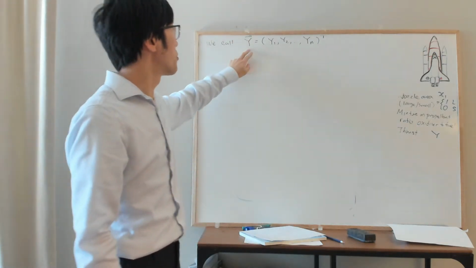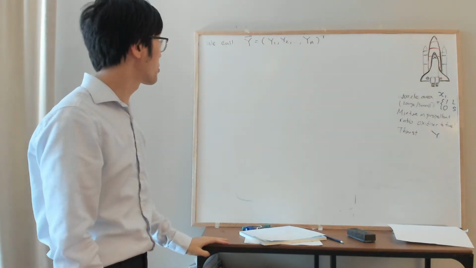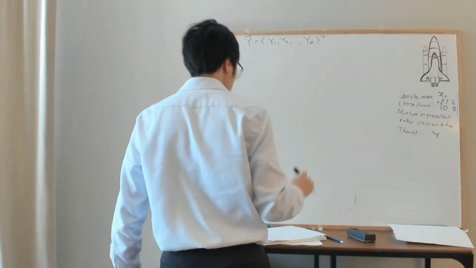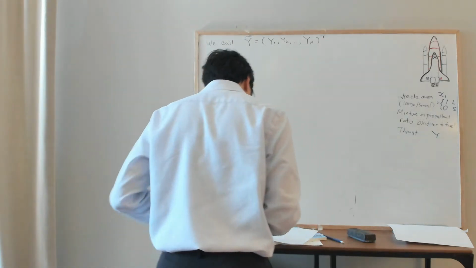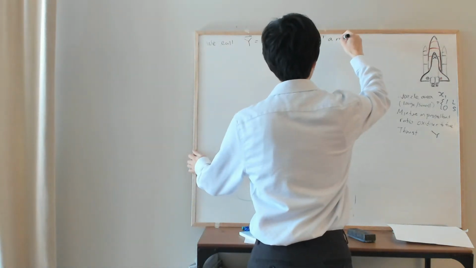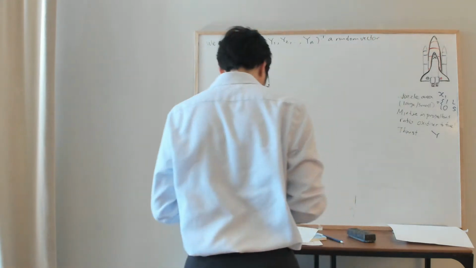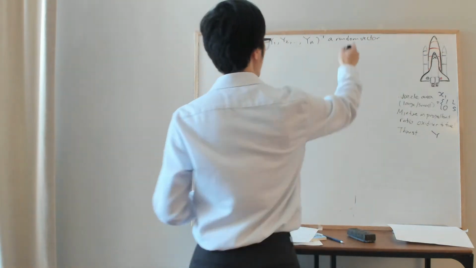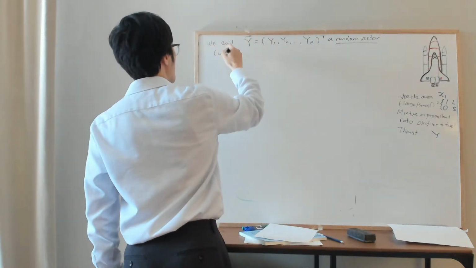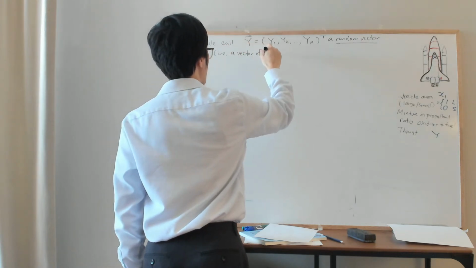When we talk about y, I'm always referring to the column vector y1 to yn, but it can also be written this way, as a row with the transpose. We call that a random vector. As I mentioned, all a random vector means is a vector of random variables.